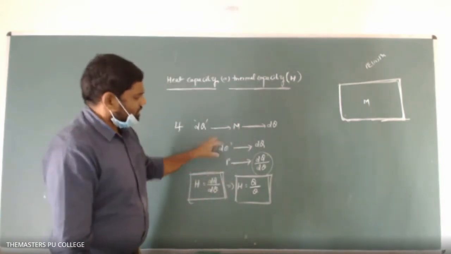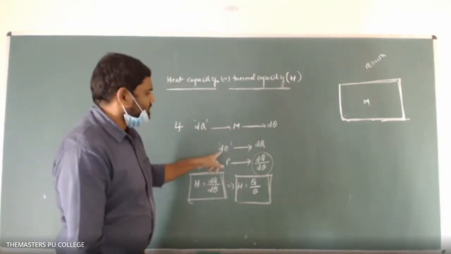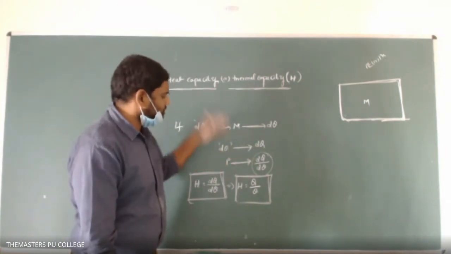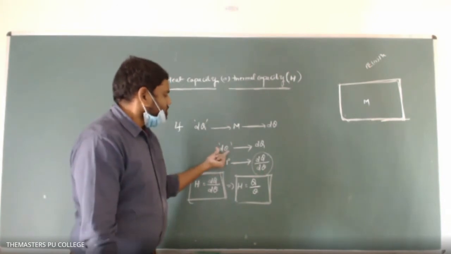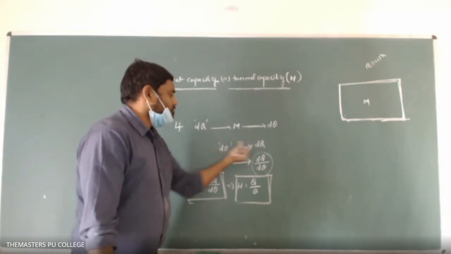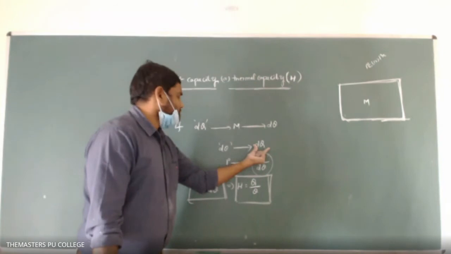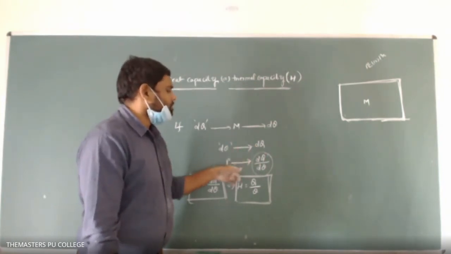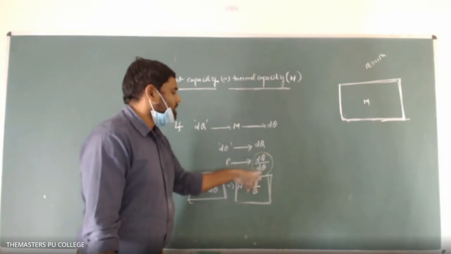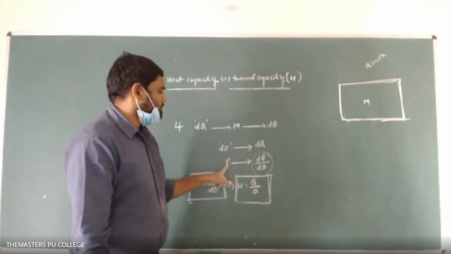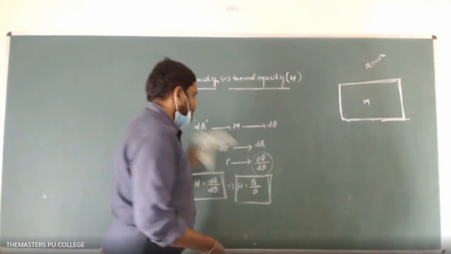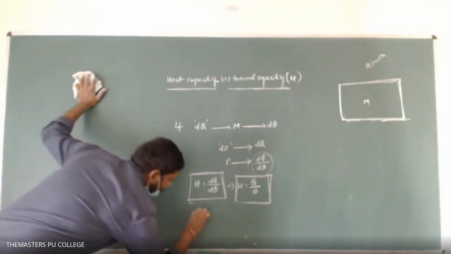So to increase the temperature by d theta, we have supplied dq amount of heat. Which means in order to raise the temperature by 1 degree, we need to supply heat of dq by d theta. Hence, this is the heat required to raise the temperature of the substance by 1 degree. That's why this is known as heat capacity or thermal capacity.